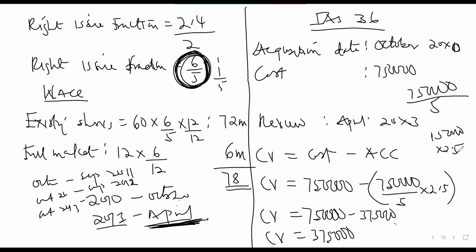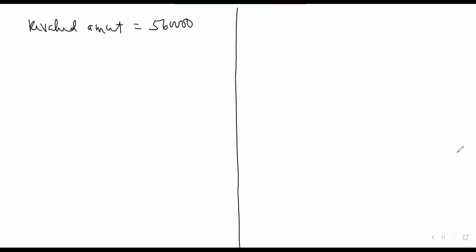Then from this place, you now compare with the revalued amounts. So you are going to be having a surplus. The surplus will be 560,000 minus 375,000. What is the surplus? 185,000.